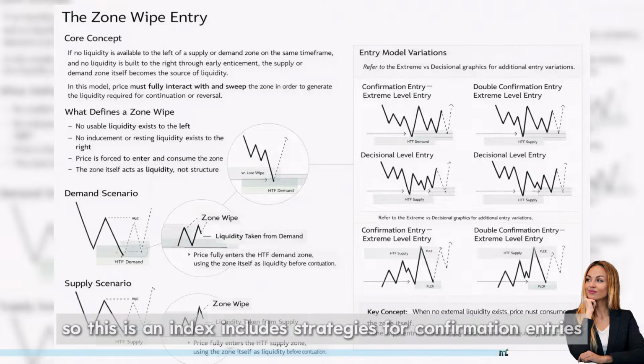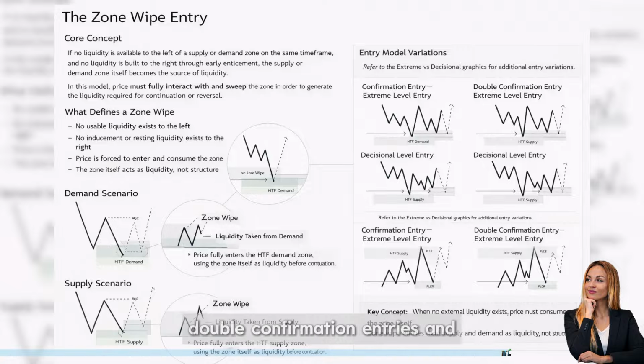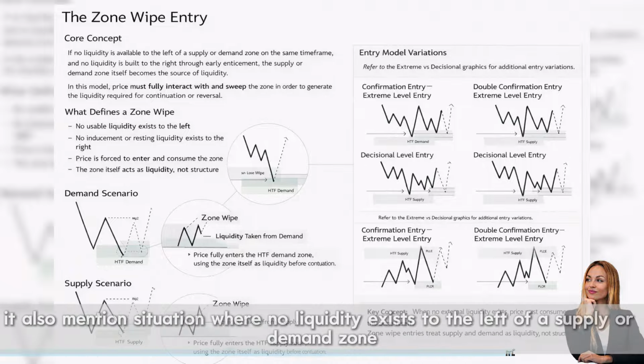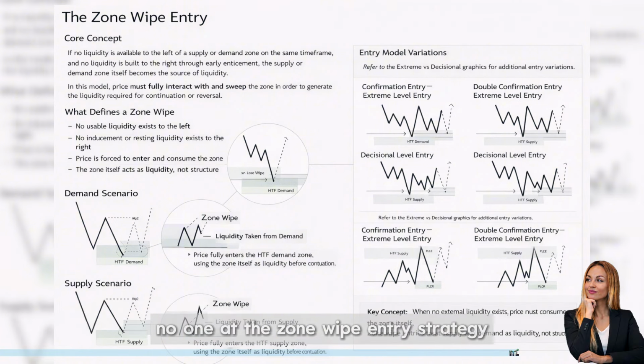So this includes strategies for confirmation entries, double confirmation entries, and entering from extreme and decisional levels. It also mentions situations where no liquidity exists to the left of a supply or demand zone, known as the zone wipe entry strategy. So now let's take a look at the zone wipe entry.